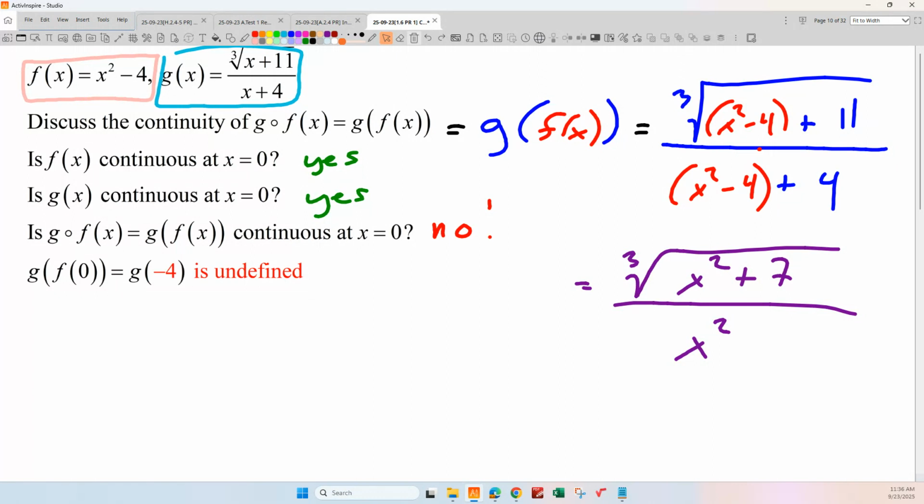So what's the moral of the story? You could think about this in two layers, by finding outputs of f to become inputs of g, or you could just simplify the function and make it a new function. Call it h of x. That's that.